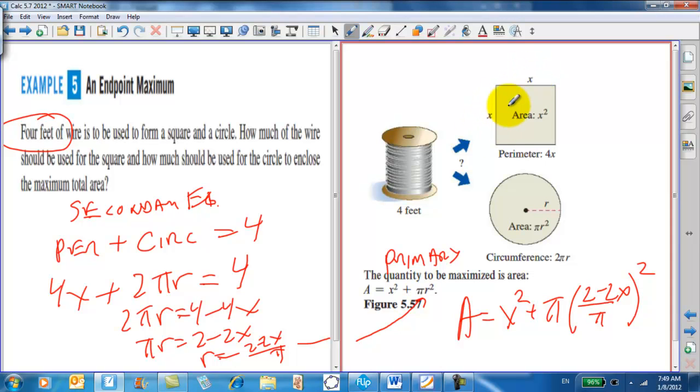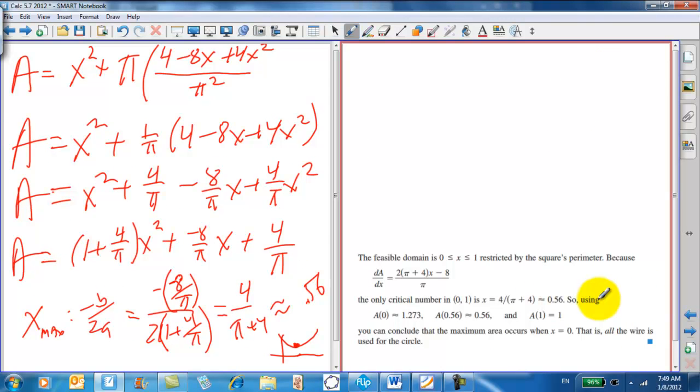And we can only go as high as 1 because if the whole 4 feet is used for the square, you get x equals 1. So you can't go any bigger than 1. So that's why the domain restriction on x is going to be from 0 to 1. So when you check those endpoints, notice you get this.